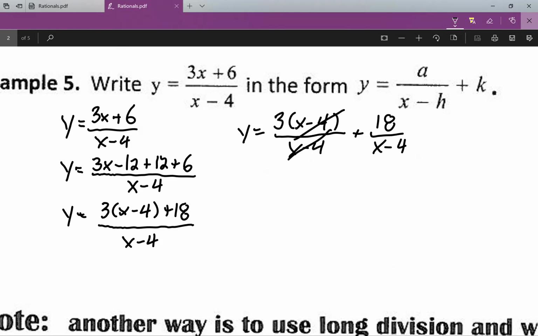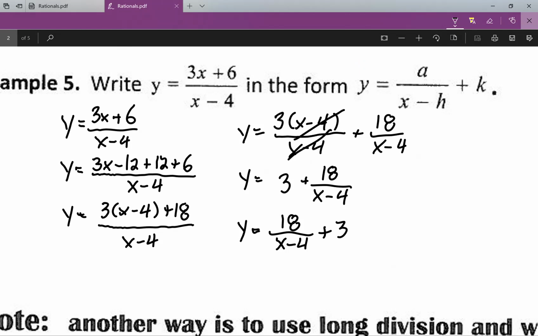That gives me the cancellation that I'm looking for, leaving me with y equals 3 plus 18 all over x minus 4, or just rearranging it, I get y equals 18 all over x minus 4 plus 3.